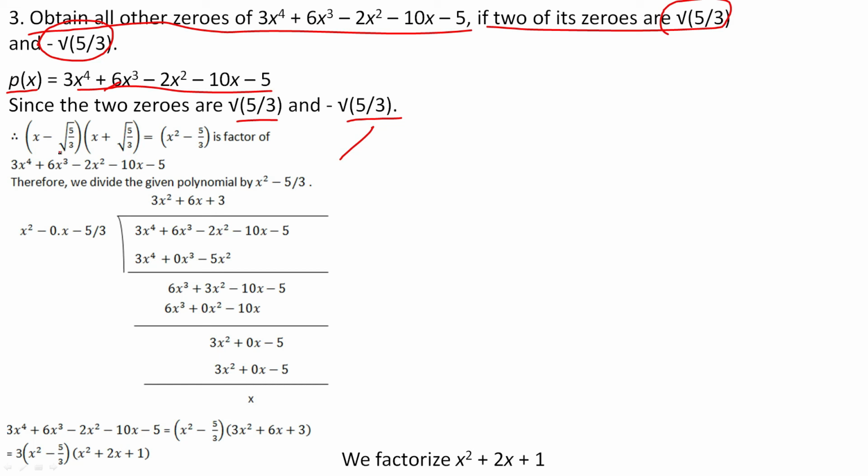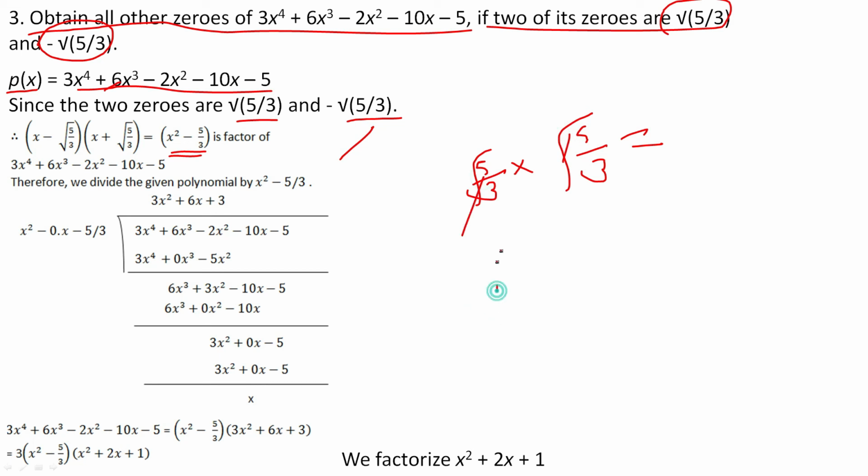So when you multiply these two, x minus root of 5 by 3, x plus root of 5 by 3, you will get x square minus, because root of 5 by 3 into root of 5 by 3 will get cancelled.